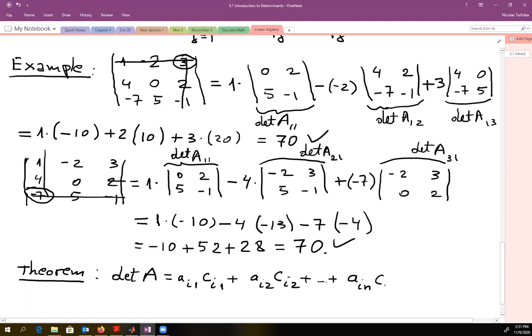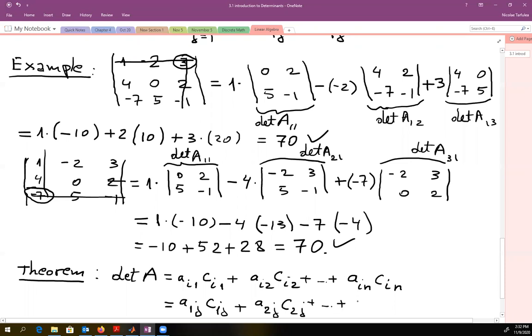Remember what these cofactors C_ij were. But this is also equal to a_1j C_1j plus a_2j times C_2j and so on.